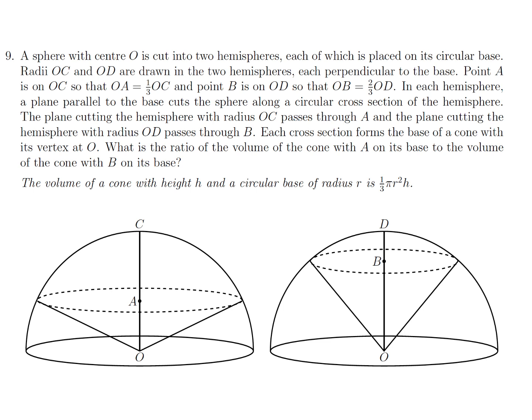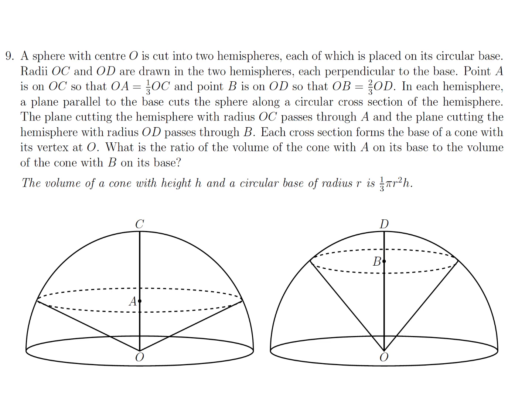In each hemisphere, a plane parallel to the base cuts a circular cross-section of the hemisphere. The plane cutting the hemisphere with radius OC passes through A, and the plane cutting the hemisphere with radius OD passes through B. Each cross-section forms the base of a cone with its vertex at O. What is the ratio of the volume of the cone with A on its base to the volume of the cone with B on its base?